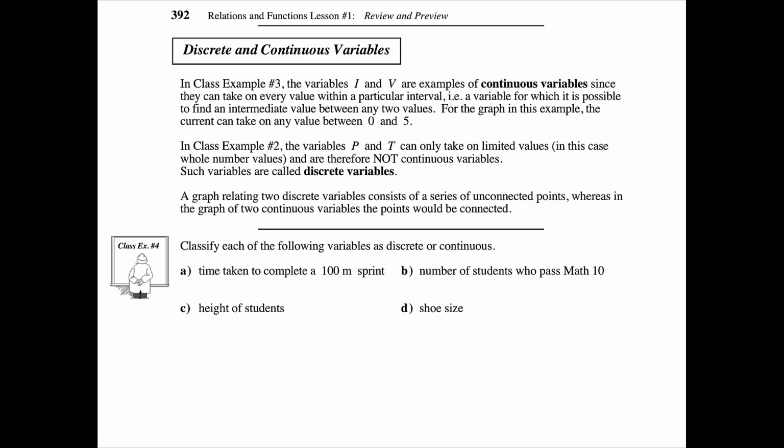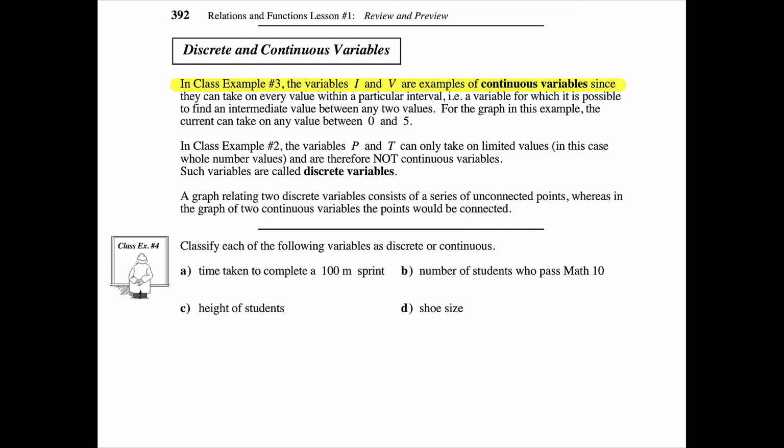Okay, now we're going to be looking at a couple terms. We got discrete and continuous variables. So you can see in our equation of the line, we've got a y value and an x value, and we have to figure out if these variables are discrete or continuous. So if we look at the top section right here, in class example number 3, it said that current and voltage are examples of continuous variables since they can take on any value.